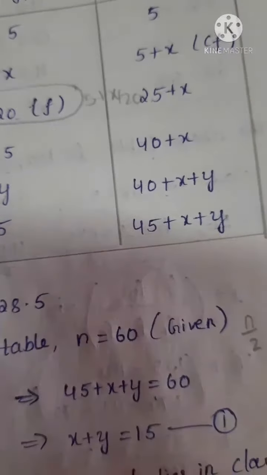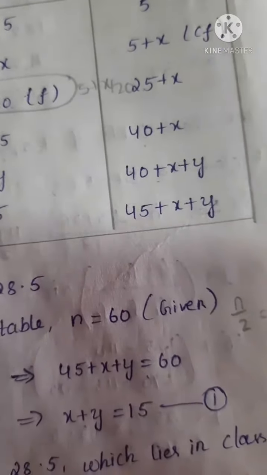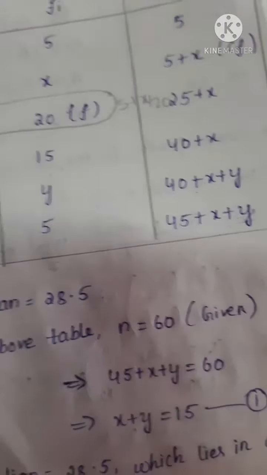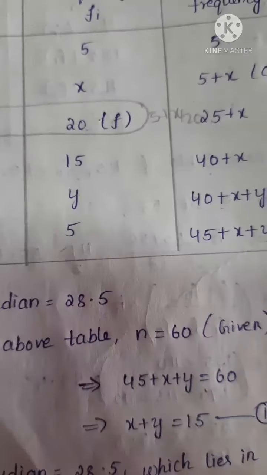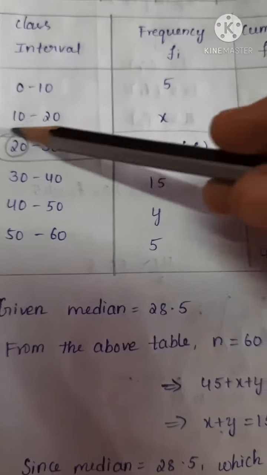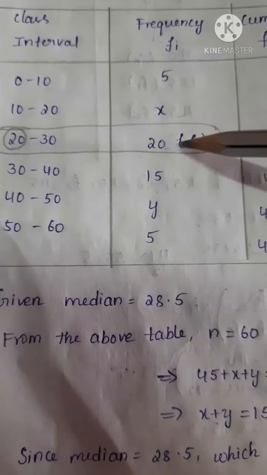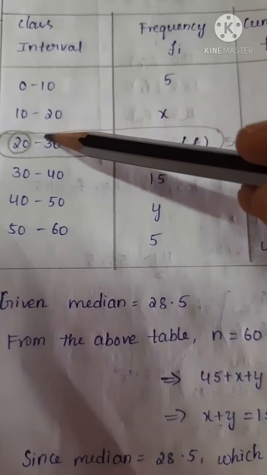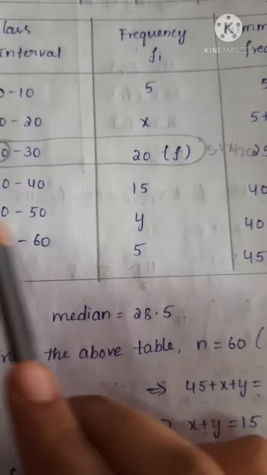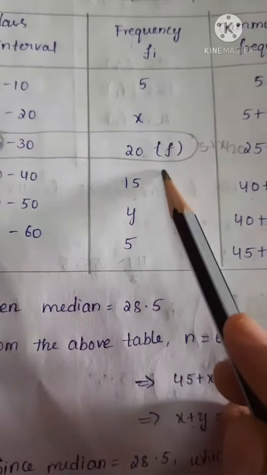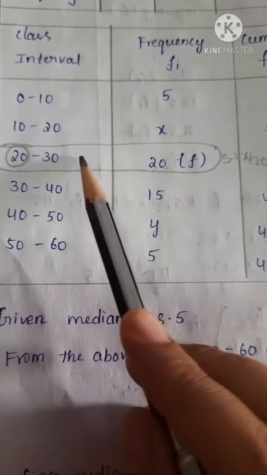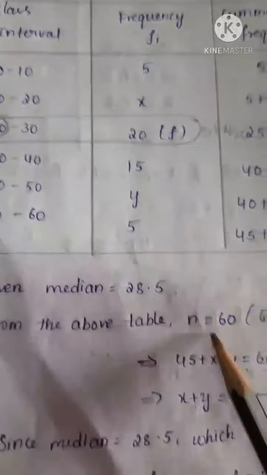We don't know x, but you can say 25 plus x can be nearer to 30. So we consider the corresponding frequency and class interval as the median class. There the frequency f is 20, so this is the median class. In that, the lower limit 20 is called the L value.